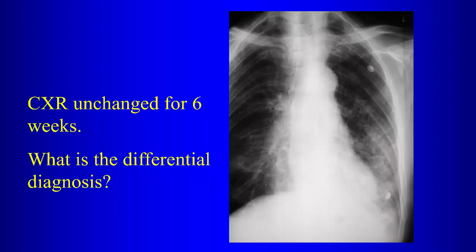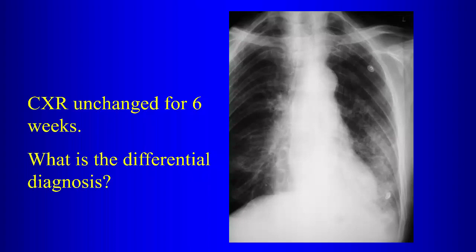Because if it doesn't get better, you may be dealing with a post-obstructive pneumonia, all right? So certainly, the neoplasms you might worry about are well-differentiated adenocarcinoma, like a mucin-producing tumor, like you said, that can present as airspace disease, and post-obstructive pneumonia.